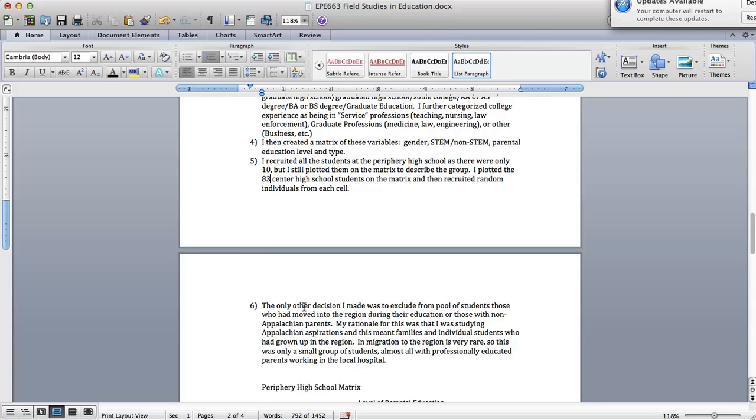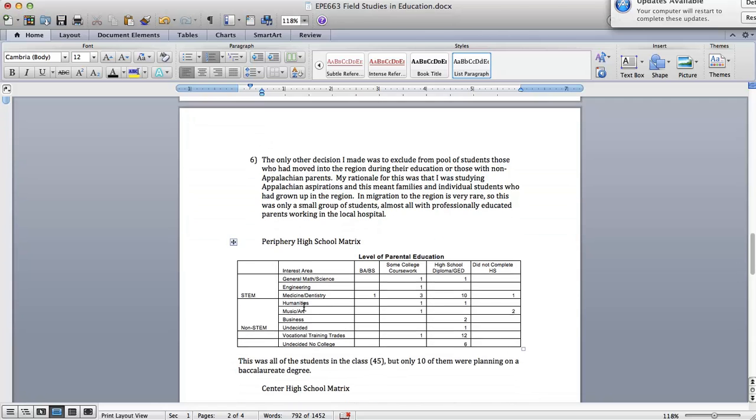And in many of these cases, they were not native of the region, and they were from other countries, although the children had grown up in the U.S. So I took them out because this is a study of Appalachian aspirations, and part of my rationale was that the Appalachian experience affects aspirations in different ways. And so these families weren't from Appalachia, and so I did not include those students. And of course, I didn't include the students who weren't planning on going to college for a baccalaureate.